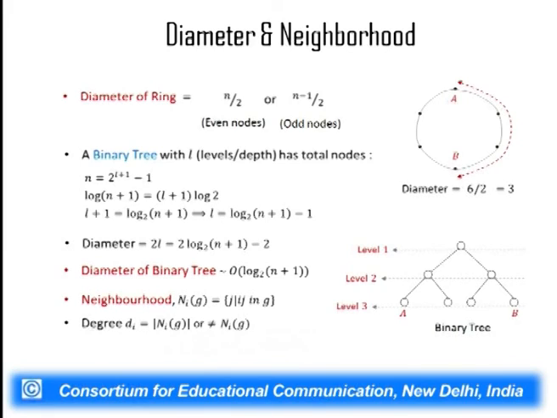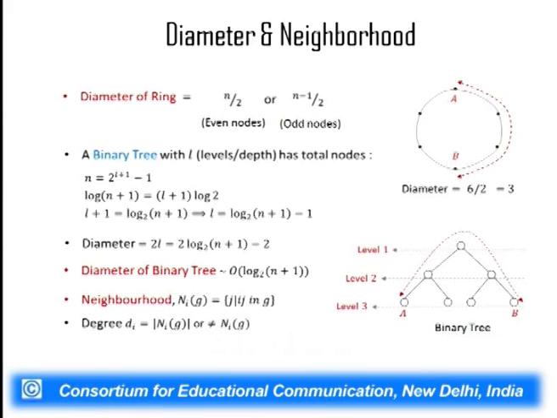Once we have the value of L, what will the diameter be? You can see in the figure that the diameter is for the two nodes that are distant apart, A and B, one in the left subtree and one in the right subtree. So we have to cross all the levels, from the root at level 0, or ground level.